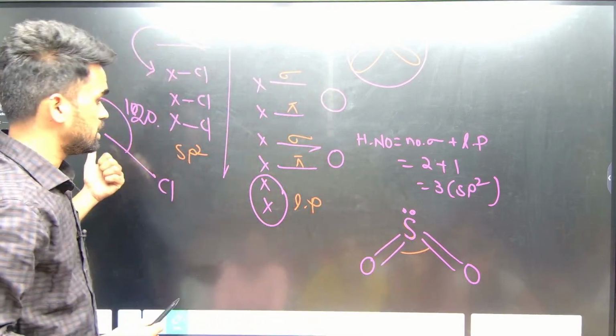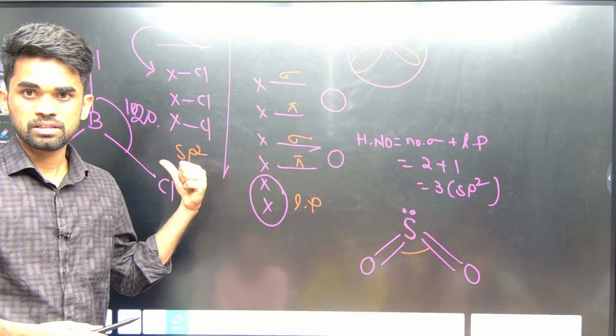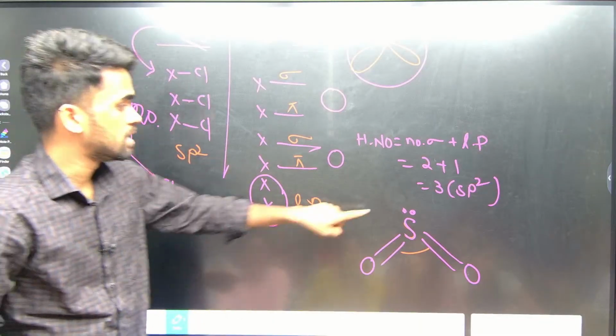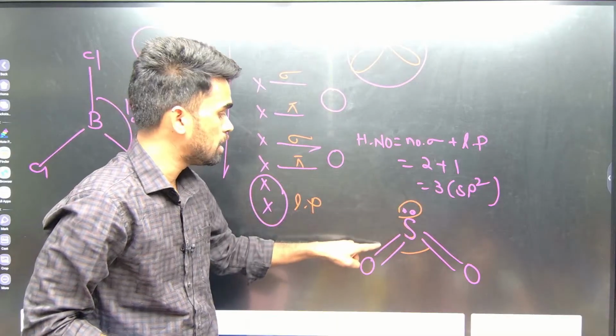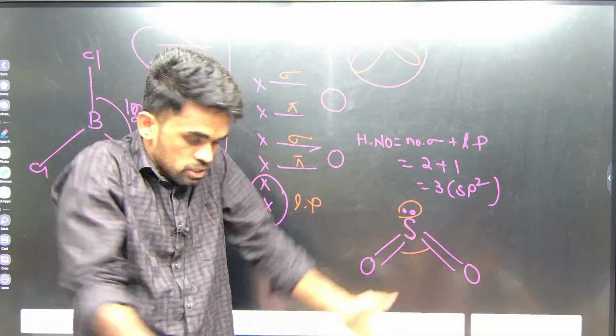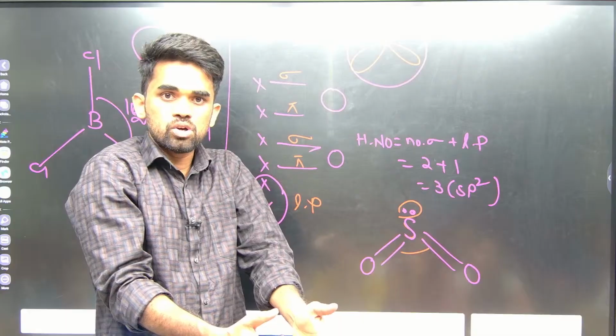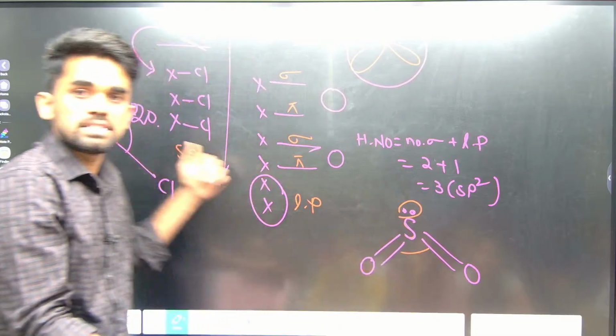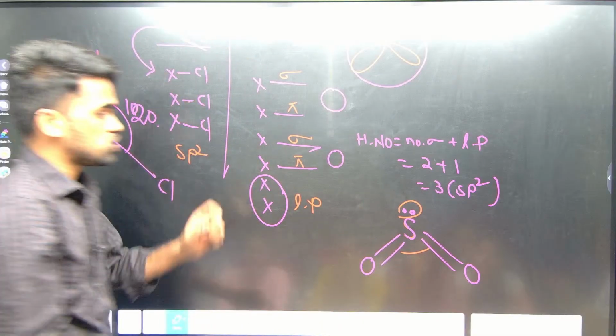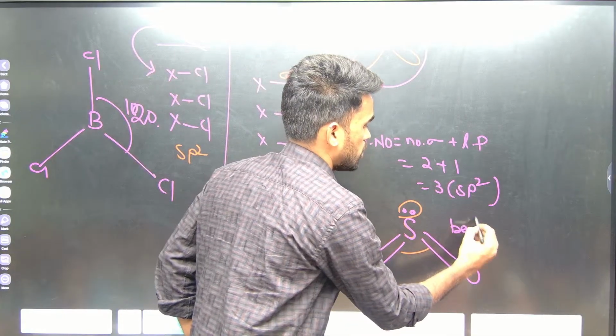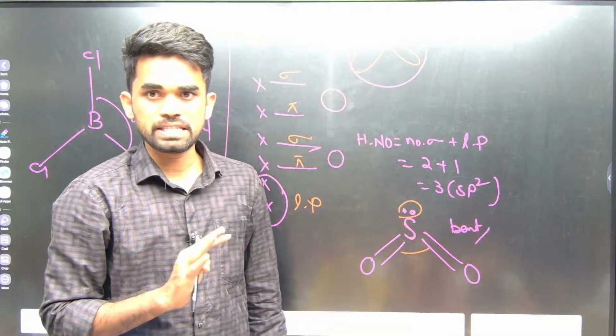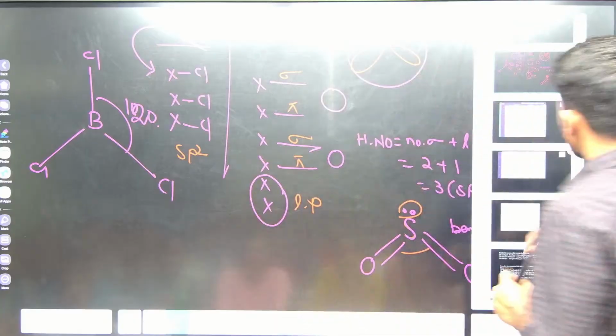Will it be greater than this or less than this? Less than this, definitely, because the lone pair repels with these pi bonds. That's why they come closer, compressed. So the angle becomes less than 120. So what shape should you say here? Bent shape or V shape. Okay, is this clear?